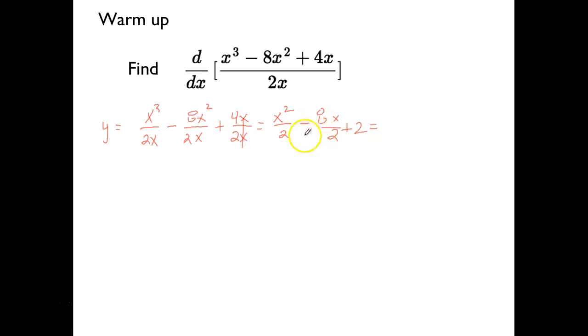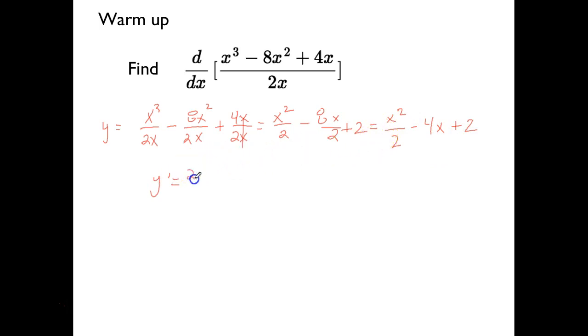Okay, so let's just simplify these two coefficients. So we got x squared over 2. I didn't change anything on the first term. Minus 8 divided by 2 is 4x, so minus 4x plus 2. Okay, now we can take the derivative of that because we have it written in terms. So let's bring down the 2.